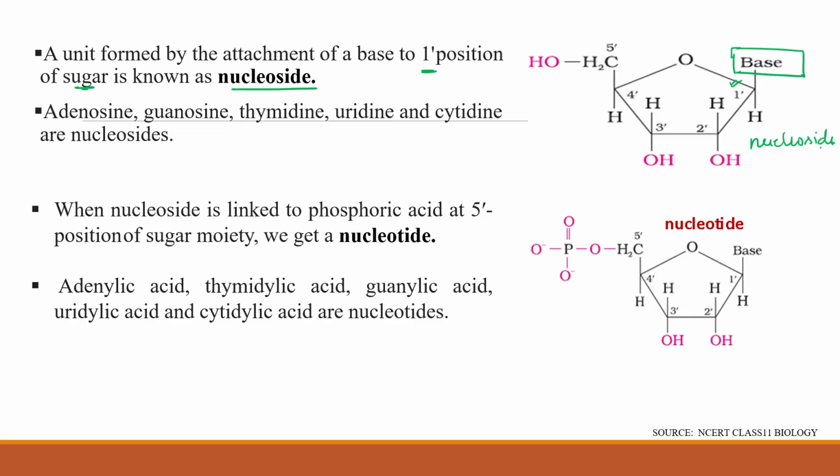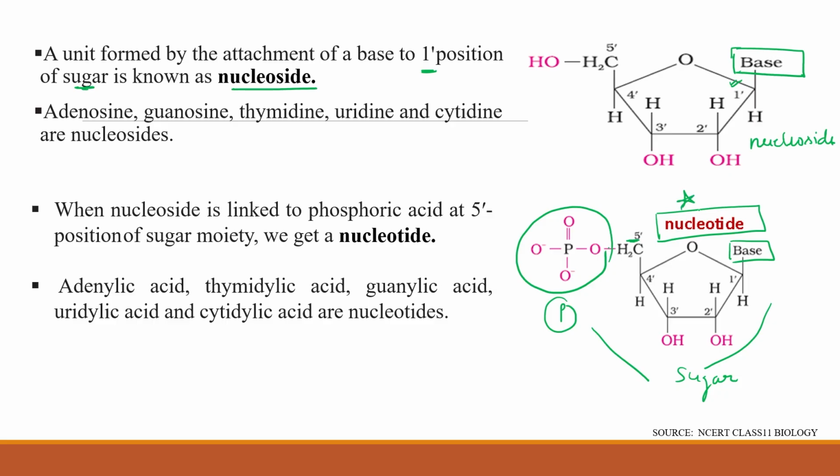Nucleoside. Okay, and if one phosphate group also comes and attaches over here on the fifth carbon, then base plus sugar plus phosphate group, all these three combine together and form a nucleotide. Just now I have told you nucleotide. Clear?